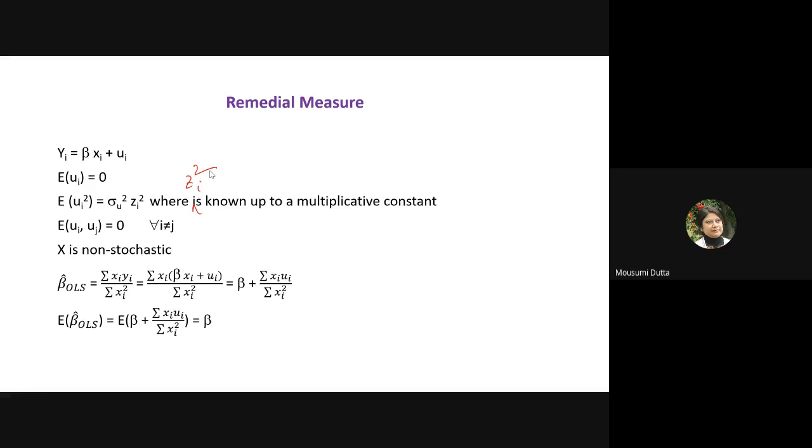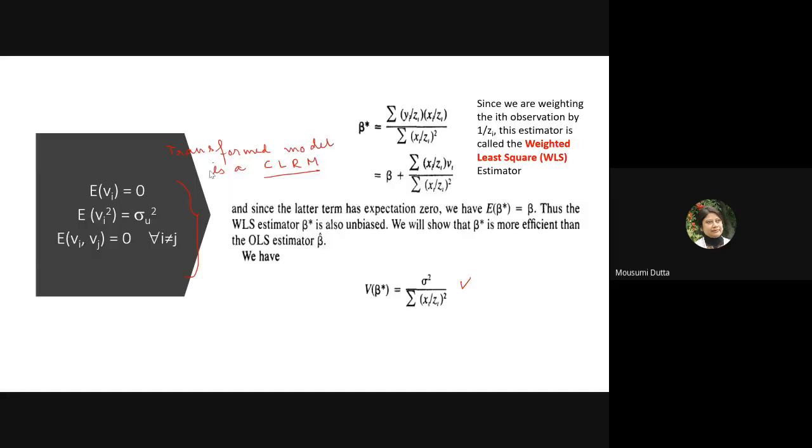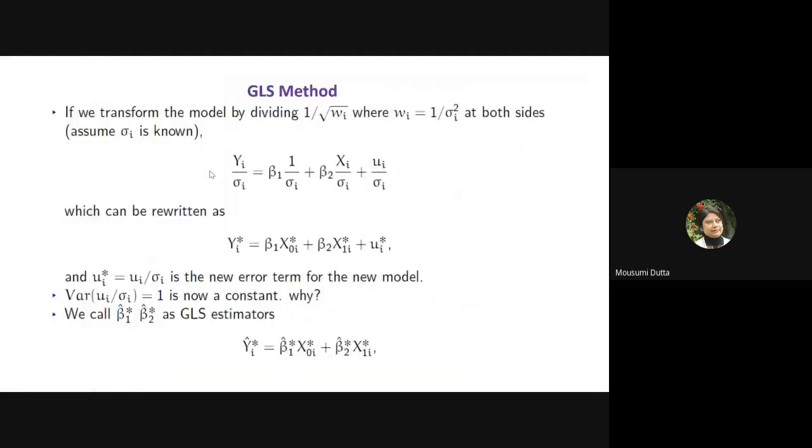In that case, we will not be able to apply the weighted least square technique. In that case, we have to go for the generalized least square technique, the GLS technique. WLS is a specific form of generalized least square technique. I will not discuss it in class, however, I am just showing you the name, GLS method, generalized least square method. WLS is a specific type of GLS.